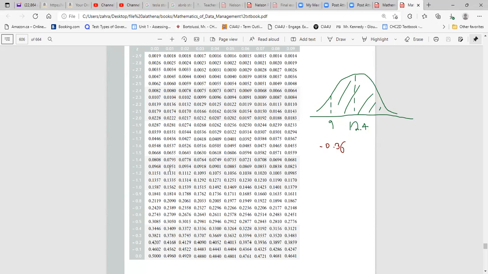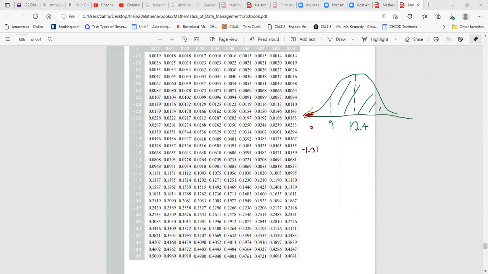Okay, this is going to be 0.095. Let's say here is my 0, right? I want to find this area. We convert this into a z-score, and we got the z-score to be negative 1.31.